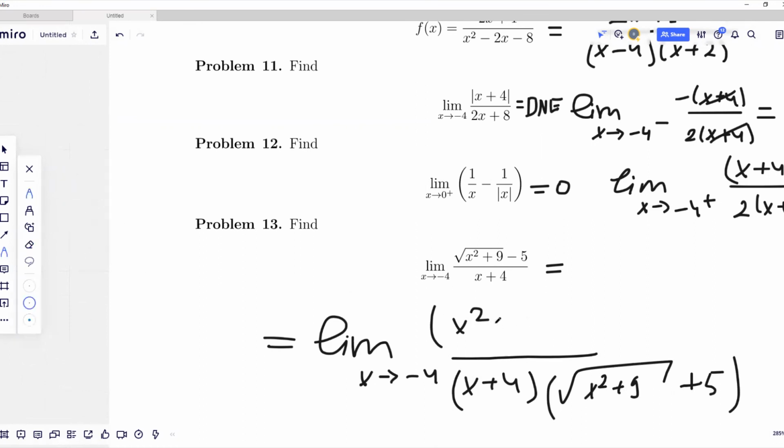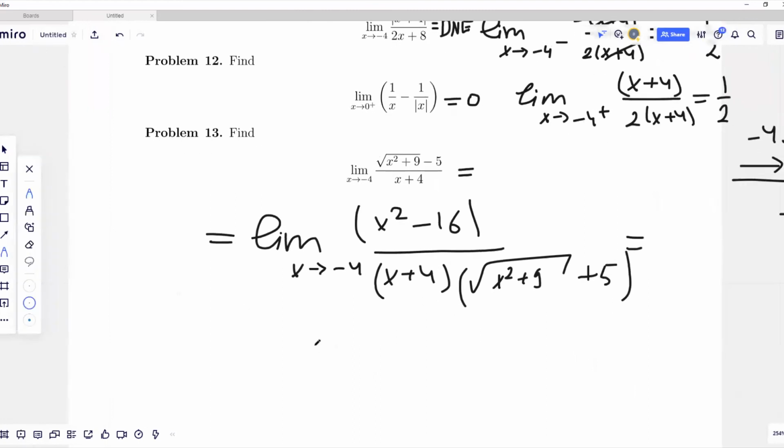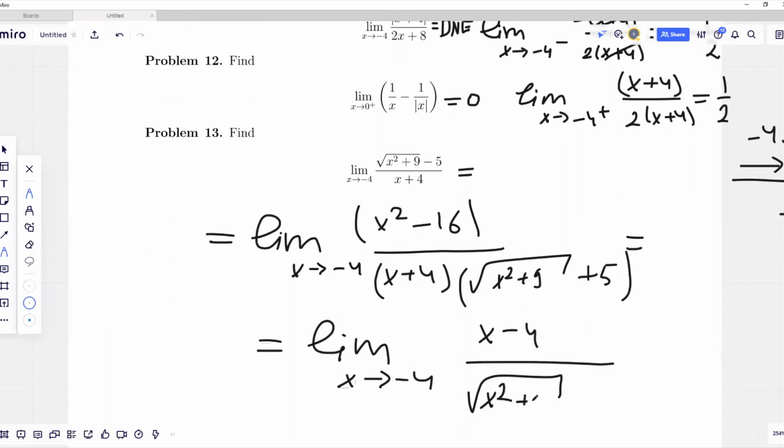So we'll have x squared plus 9 minus 25, right? So this is x squared minus 16. So x squared minus 16 can be expressed as x minus 4, x plus 4. So x plus 4 will cancel out, x minus 4 divided by the root of x squared plus 9 plus 5. So this is 16, 25, 10, minus 4, so minus 8 over 10.